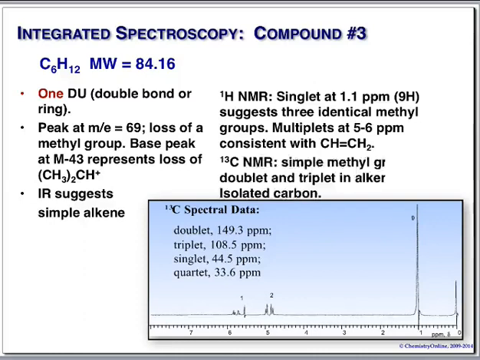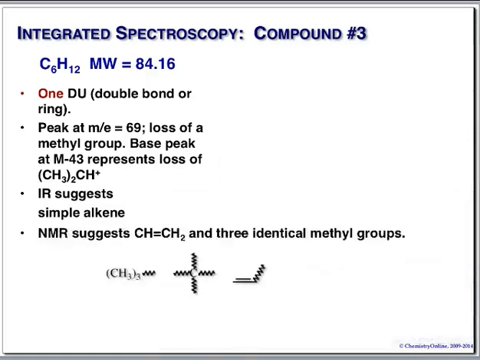So our conclusion: simple methyl group, that's this guy, doublet and triplet in the alkene region, and 1 isolated carbon with no hydrogens. So if we put our pieces together, we have 3 identical methyls, one carbon with nothing attached, no hydrogens attached, and a double bond, or CH-CH2.